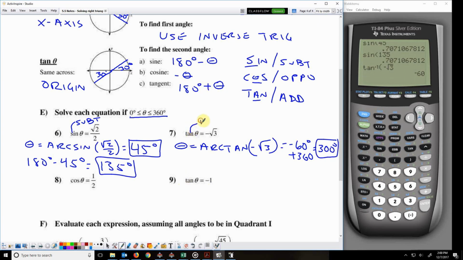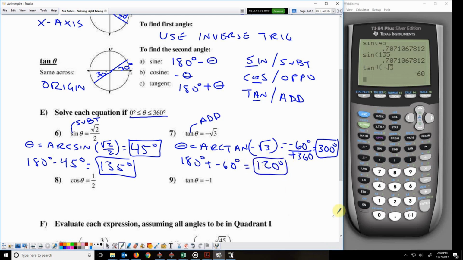Tan has an A for add. 180 plus 300 would probably actually be easier, since 300 is going to give me something above 360 and I'll have to find a coterminal. I'm actually just going to use that original negative 60. 180 plus negative 60 is 120 degrees.